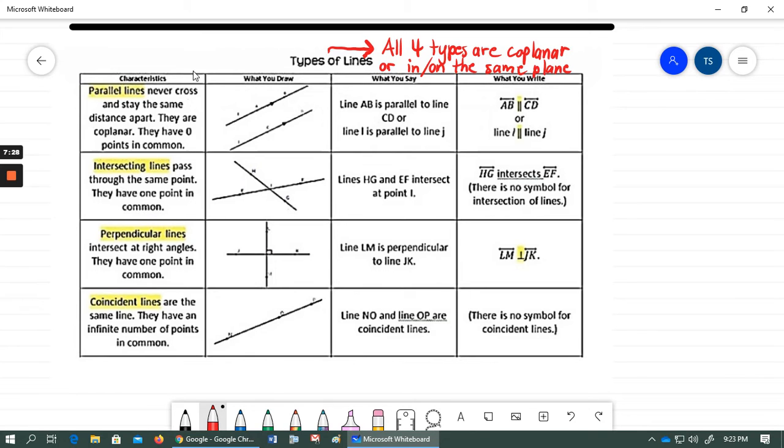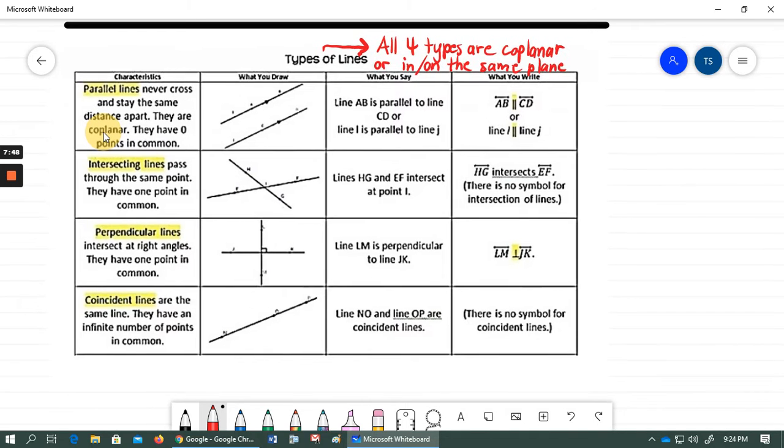Anyway, guys, these four types of lines, parallel lines. Let's start there. So, guys, parallel lines never, ever cross. And guys, they will stay the same distance apart from each other. The only one of these that actually says the word coplanar, as you can see right there, is that one.